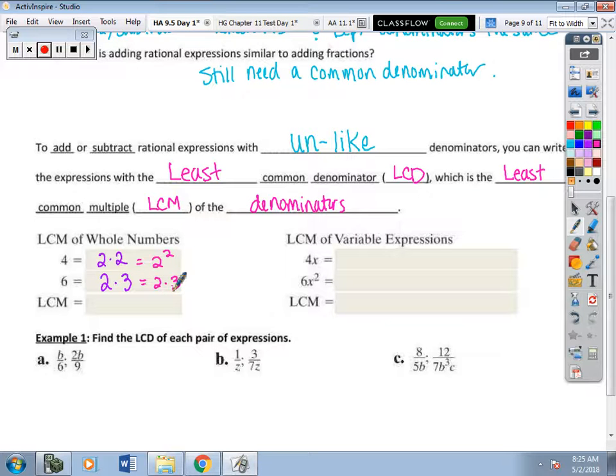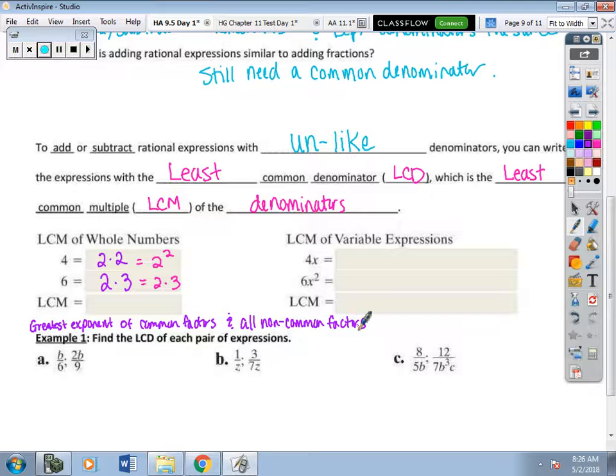And then the least common multiple, you will take the greatest exponent of common factors and all non-common factors.